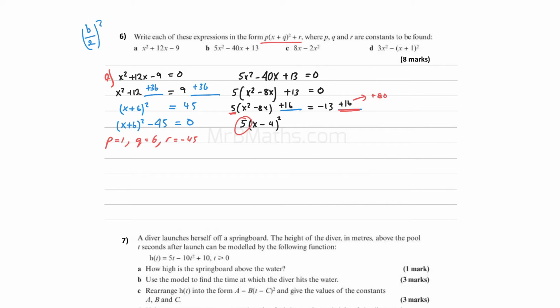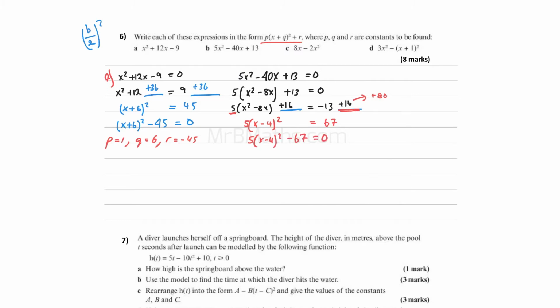So now we end up with, I'll just rewrite this, 5(x minus 4) squared equals, now we need to do negative 13 plus 80, which will give us 67. And then we need to bring the 67 across, so then we end up with 5(x minus 4) squared minus 67 equals 0.